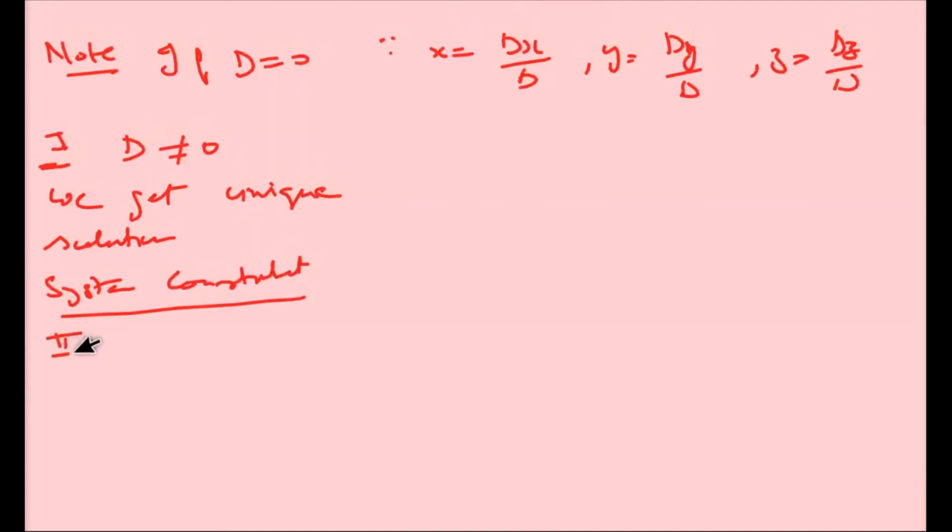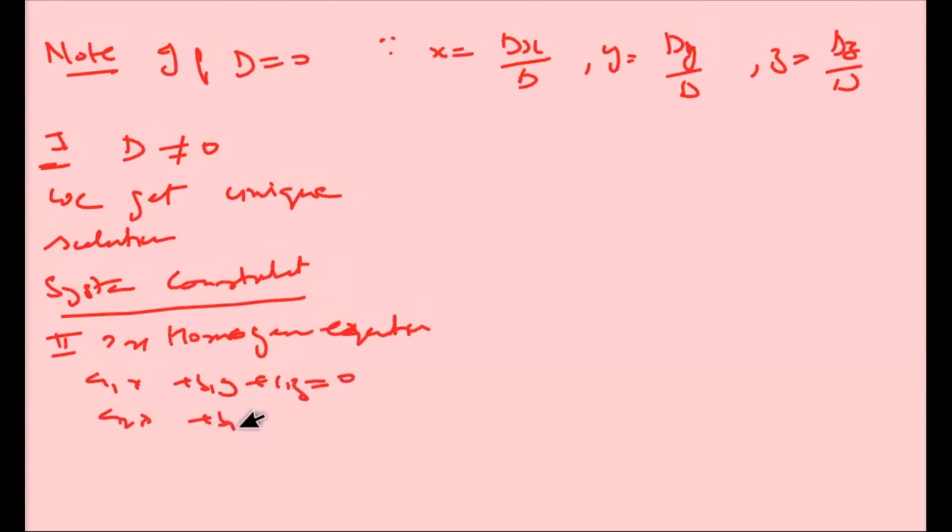Second point, in homogeneous equations: a1x plus b1y plus c1z equal to 0, a2x plus b2y plus c2z equal to 0, a3x plus b3y plus c3z equal to 0. These are the homogeneous equations.